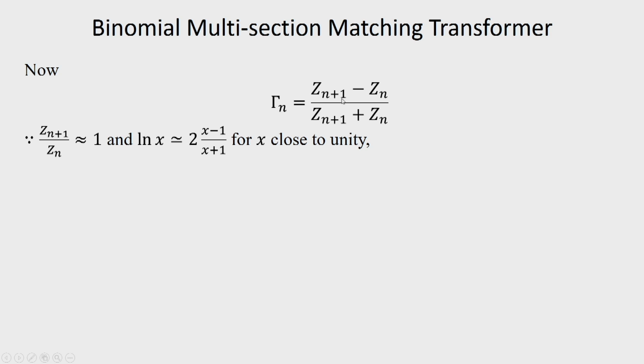So, our Z_{n+1} by Z_n is close to unity, and using this expression for log x, we can write gamma n to be equal to half log of Z_{n+1} divided by Z_n.